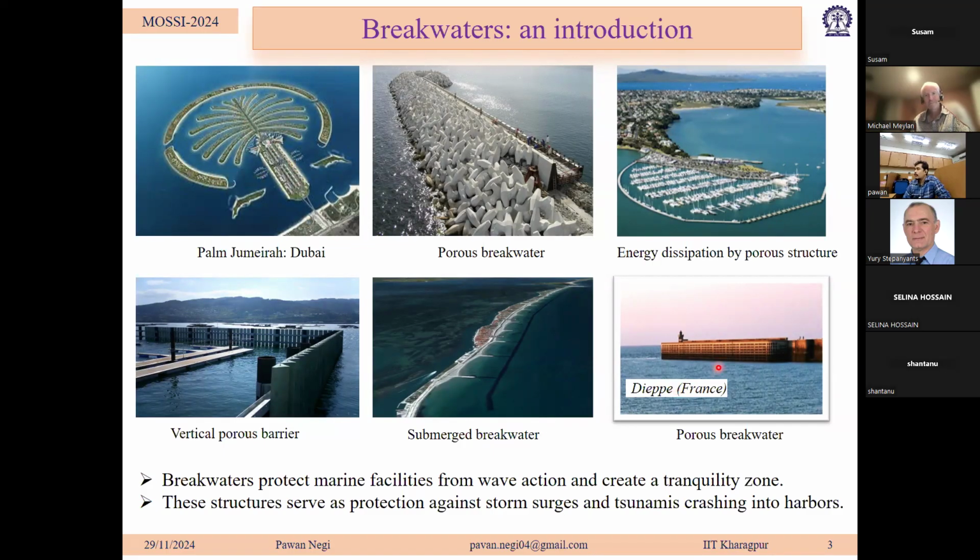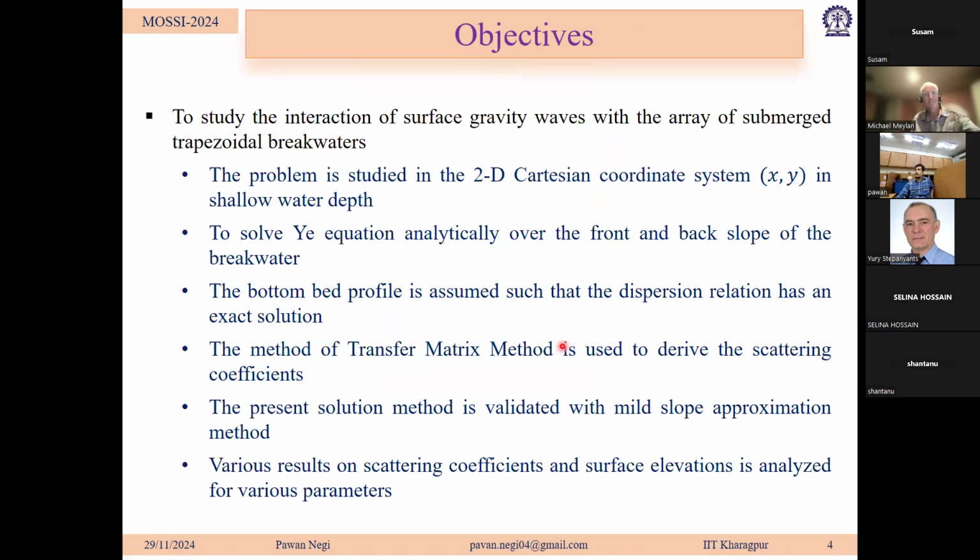And in France, we have a porous breakwater, basically a circular porous breakwater. Nowadays, we are also looking towards the V-shaped and the arc-shaped breakwaters deployed in the ocean. So with this motivation, we are going to study the submerged breakwater, and that too in the trapezoidal shape.